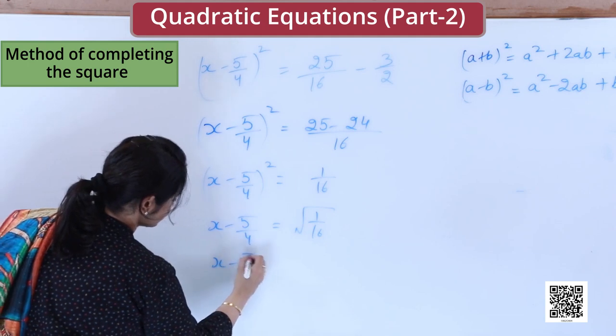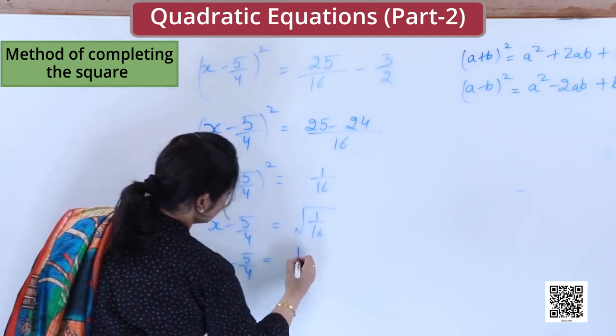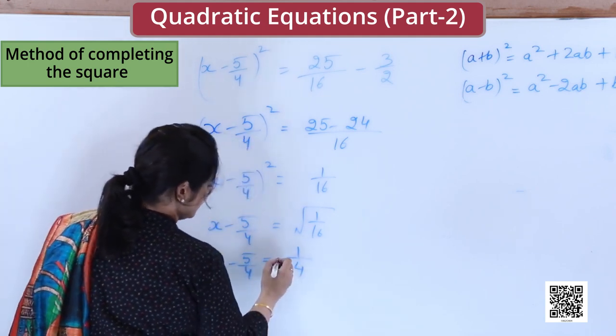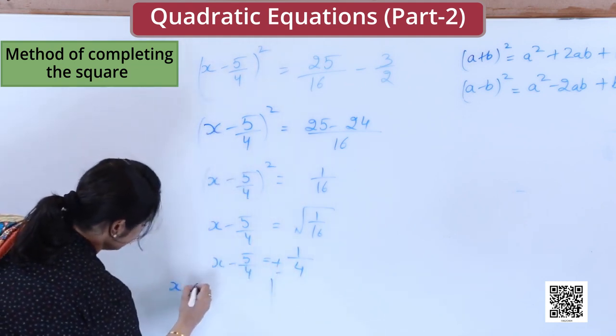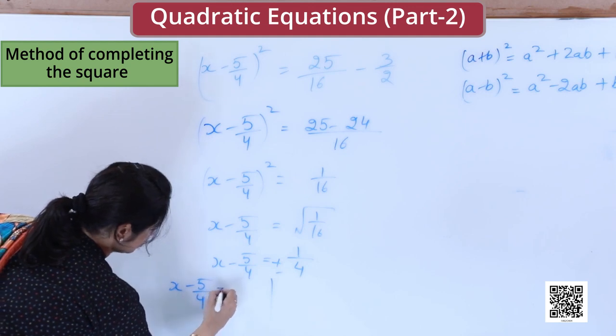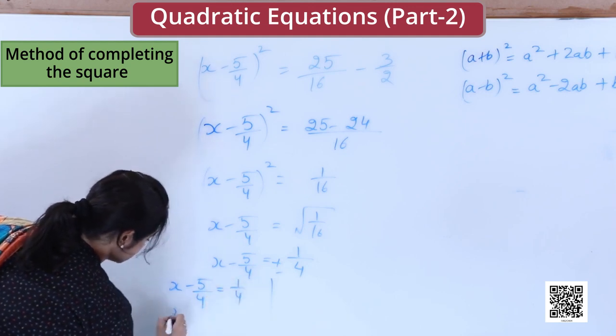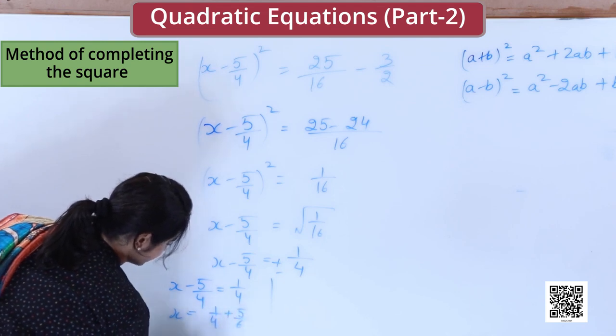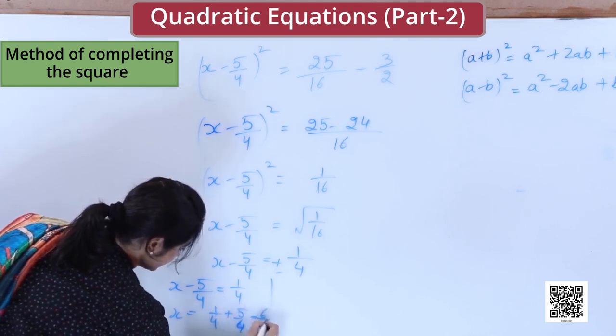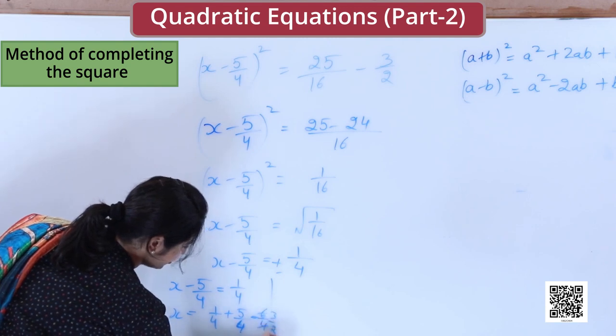Now x − 5/4 equals 1/4, plus and minus. If we take it to be positive, x − 5/4 equals 1/4. So x will be equal to 1/4 + 5/4. That will make 6/4, that is 3/2.